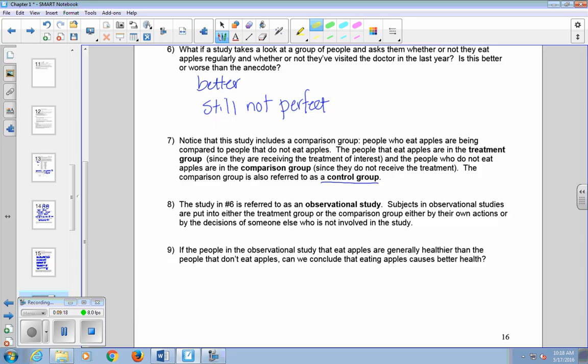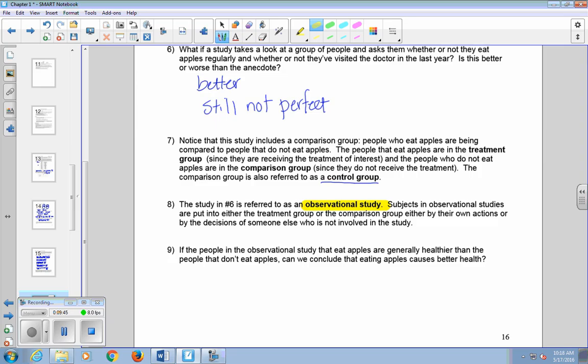And then someone comes along and decides to do a study and just observes what is going on. In other words, they do not do anything to tell the people whether to eat the apple or not. They're just observing whether they did eat an apple or not. And so in an observational study, the person running the study is just observing what is happening.